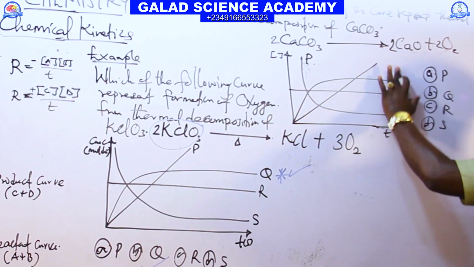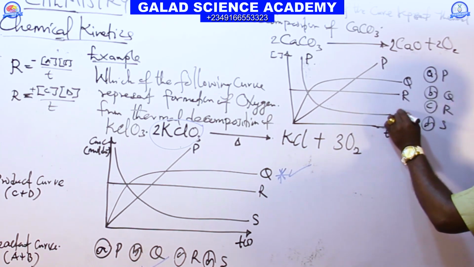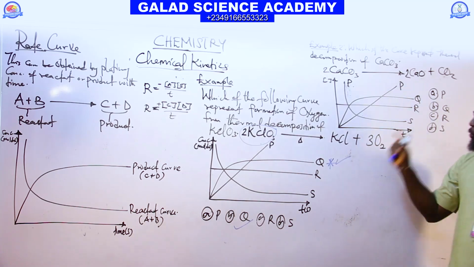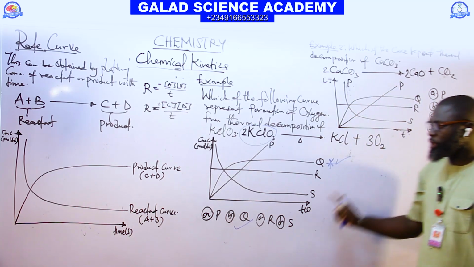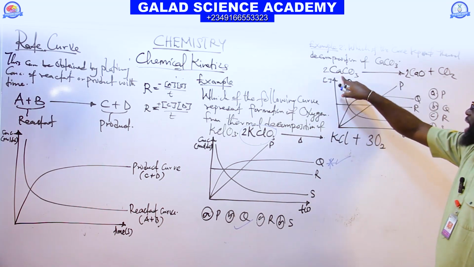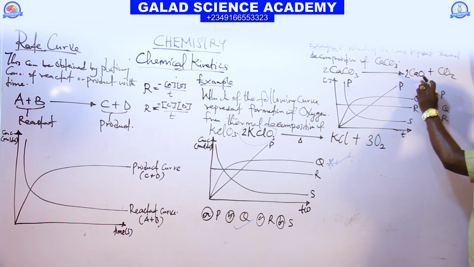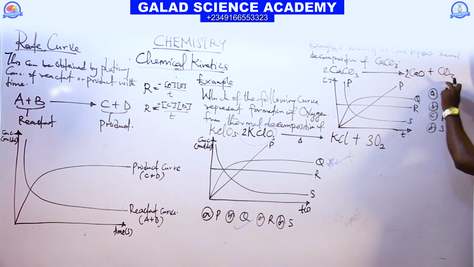There is a mistake here. P, Q, R. So you now look at this curve. Which one is the same as this one for the reactant? We have calcium carbonate here. It will give us calcium oxide and carbon dioxide, not oxygen.